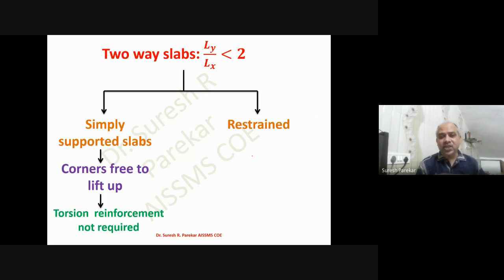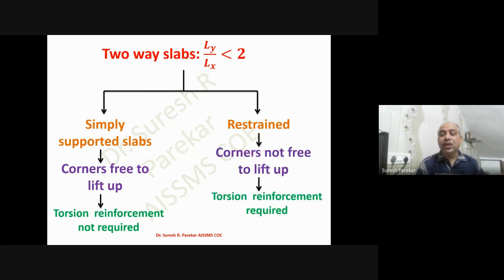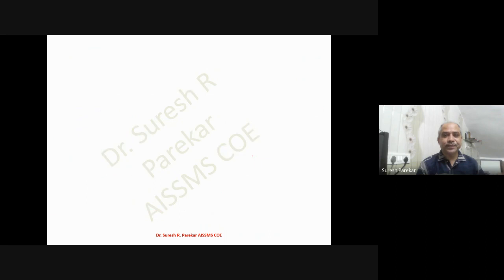But when we say restrained, then we have monolithic construction of slabs with supports, that is beams. In that case, corners cannot lift up, or I can say corners are restrained or held down, which will develop torsional moment. To resist that torsional moment, we have to provide torsional reinforcement.